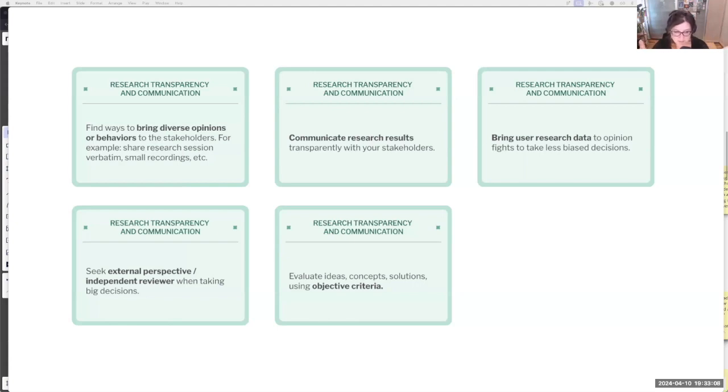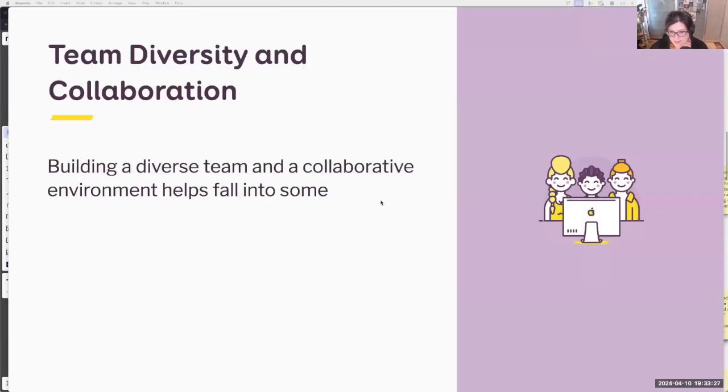If you can bring actual research to say, look, we cannot keep investing in that; it's going nowhere. And here you see the users, it's not working for them. Depending on your KPI, there's no attractiveness or something like that for the process or the project. And then the last one is about having a diverse team and putting in place ways to collaborate.